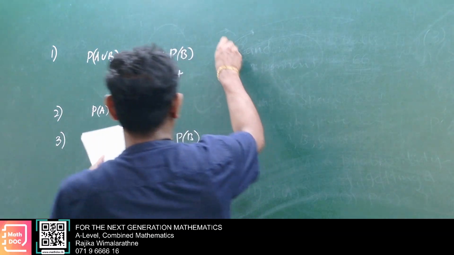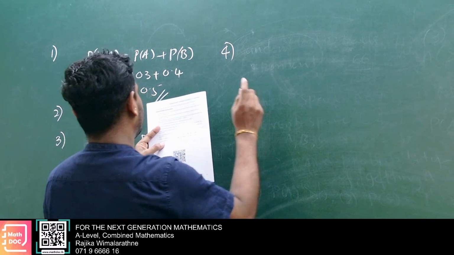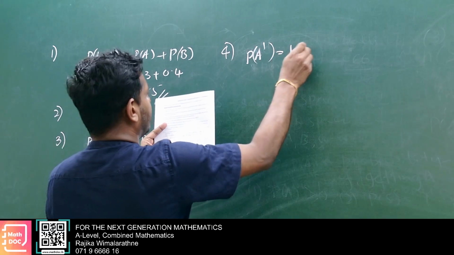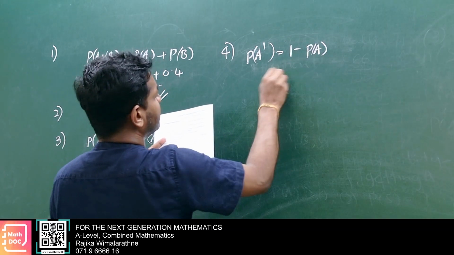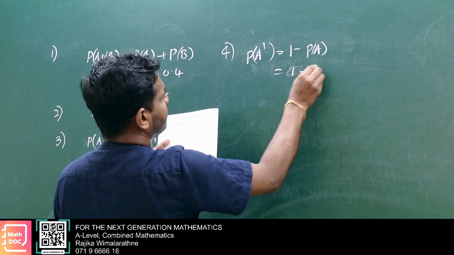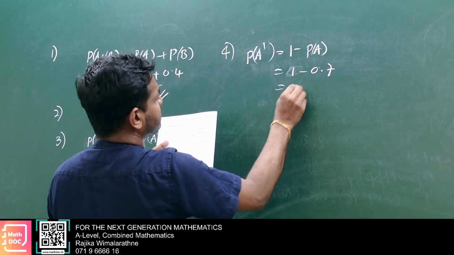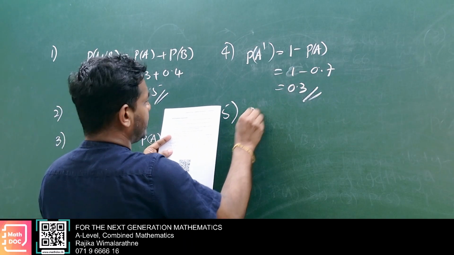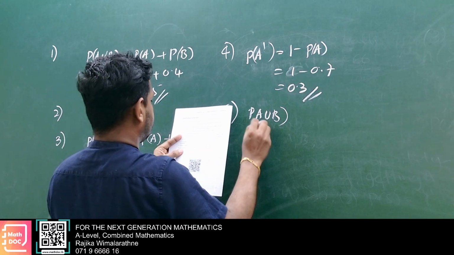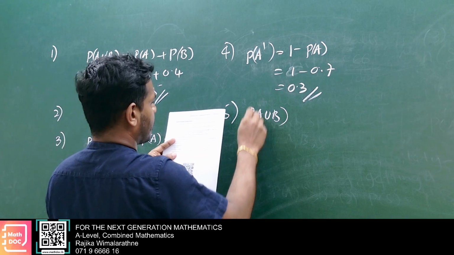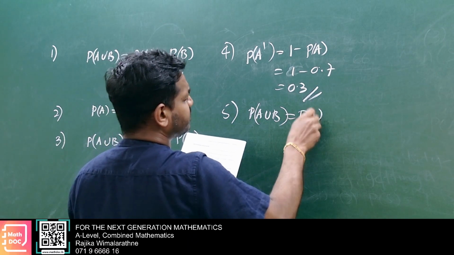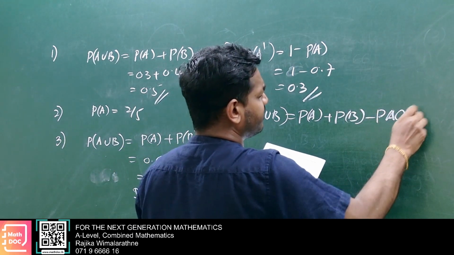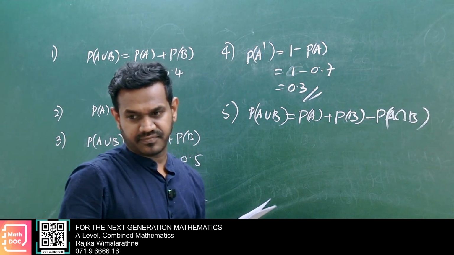Then question number 4: P(A) 0.7, P(A dash) equals 1 minus P(A), 1 minus 0.7, 0.3. Question 5: P(A union B) equals P(A) plus P(B) minus P(A intersection B). Here the fourth theorem.